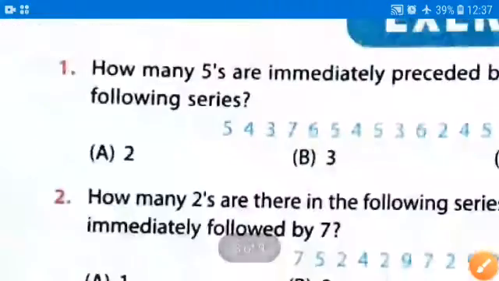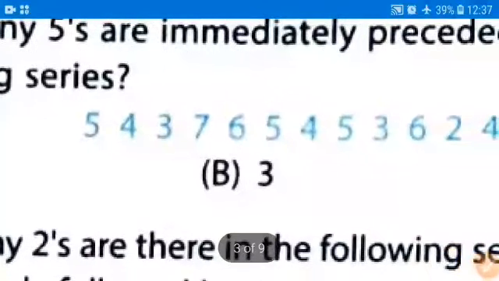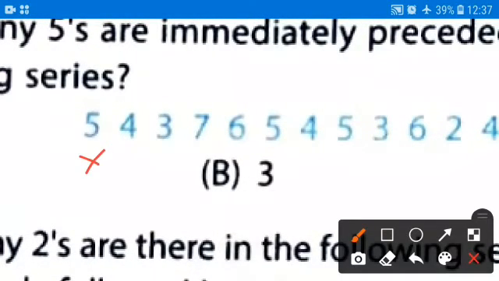Now check here the first 5. Can we use this? No, we cannot use this. Then after that this 5, it is also not preceded by 4. This 5 is preceded by 4, but we also have 3 in the following direction, that's why we cannot take this 5 also.